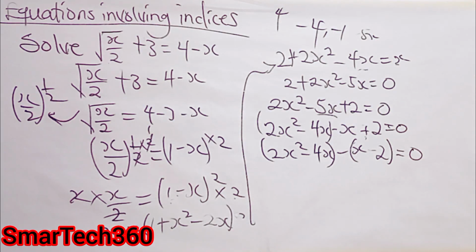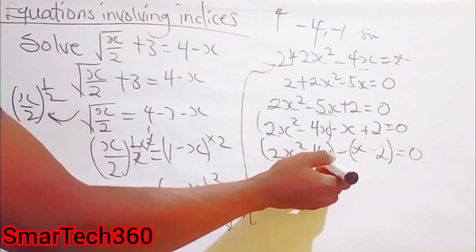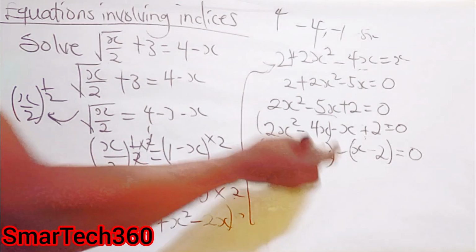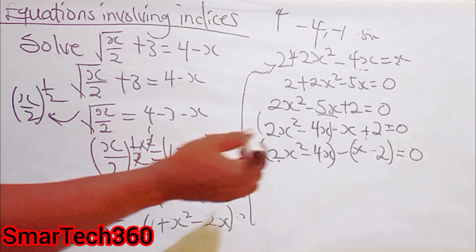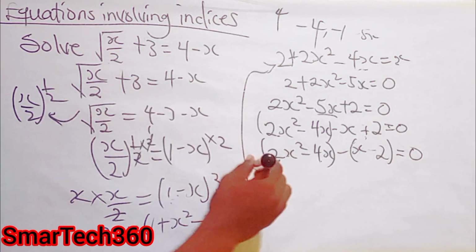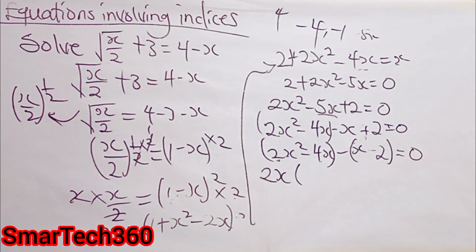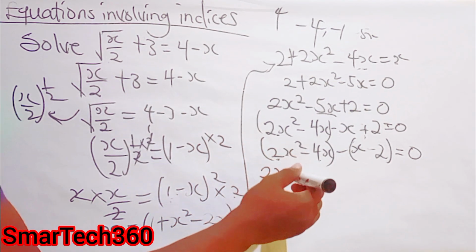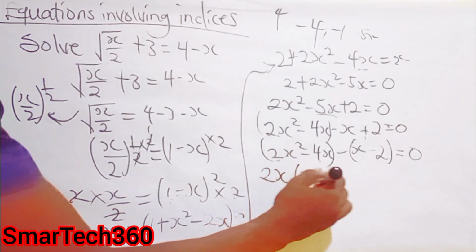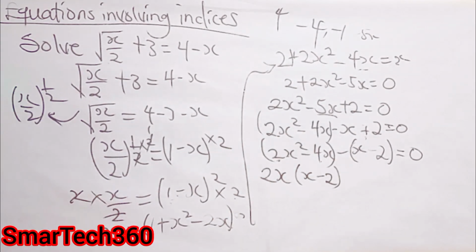Now from here, we do factorization. Realize that there's 2 here, the 2 is here, and 4 here can also divide by 2. And there's x here, there's x there. That means we can do something there. We bring 2x out of the bracket. If you bring 2x out of the bracket, we will leave x here minus this, we will leave 2.